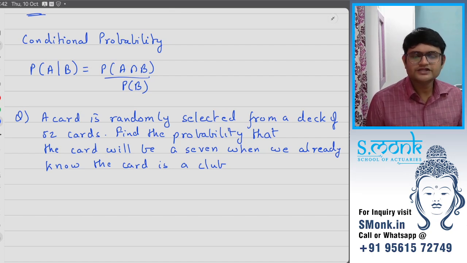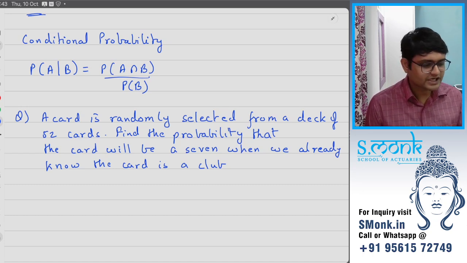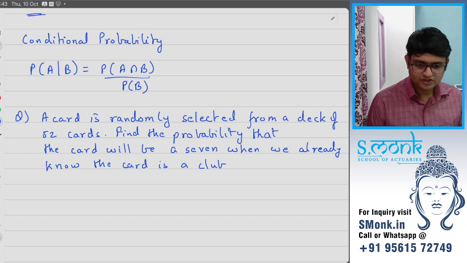A card is randomly selected from a deck of 52 cards. Find the probability that the card will be a 7 when we already know the card is a club. So I saw the card and I said it is a club. Now what are the chances that it will be a 7?